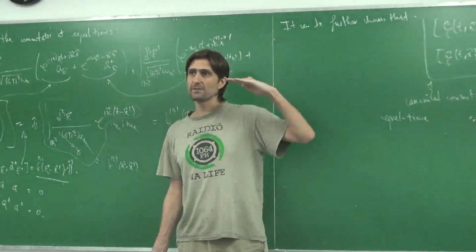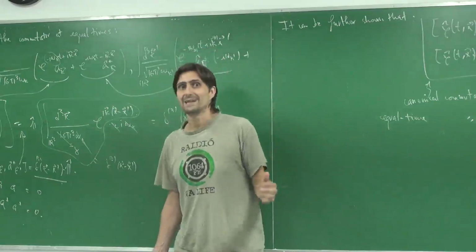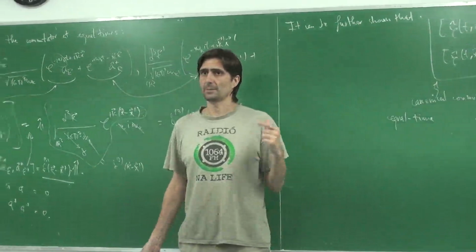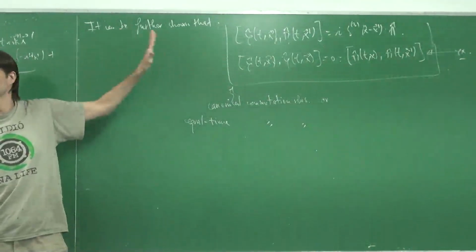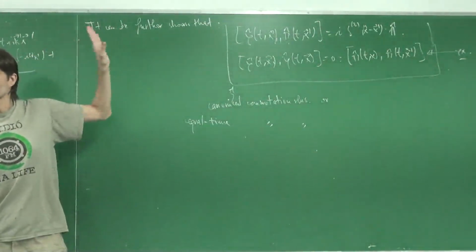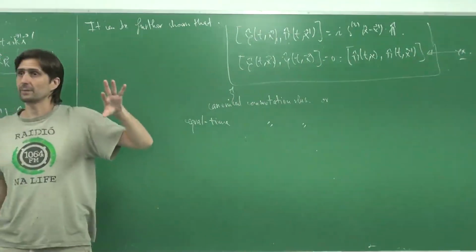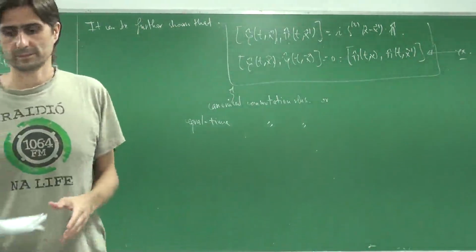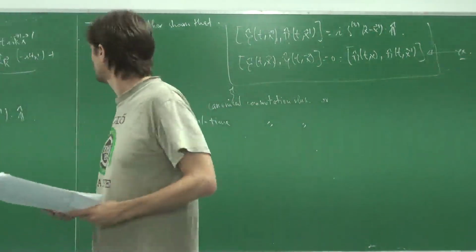If you're choosing a specific foliation of the spacetime in terms of this coordinate time t, and this is satisfied for a certain choice of time, then this will be satisfied for any choice of time. We'll see this specifically when we go to curved space.